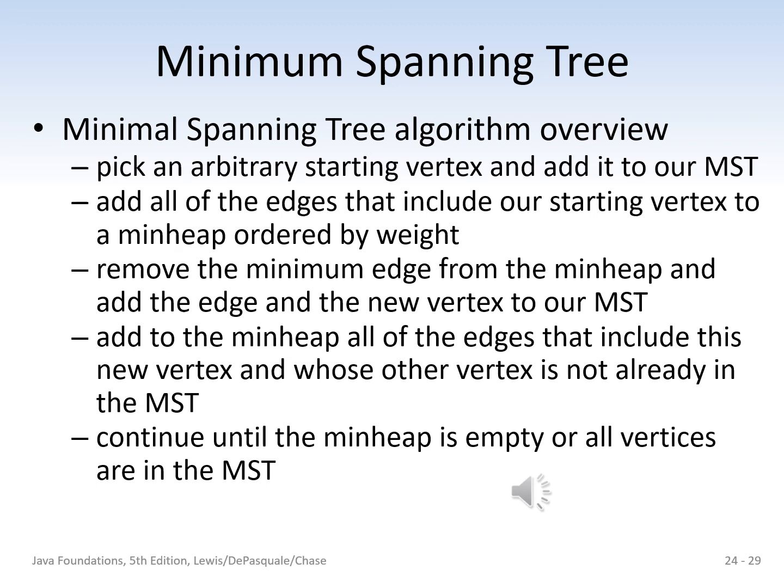Remove the minimum edge from the min heap, the edge that has the lowest weight, and add the edge and the new vertex to our minimum spanning tree. Add to the min heap all of the edges that include this new vertex and whose other vertex is not already in the MST. And we will continue until the min heap is empty or all vertices are in the minimum spanning tree.